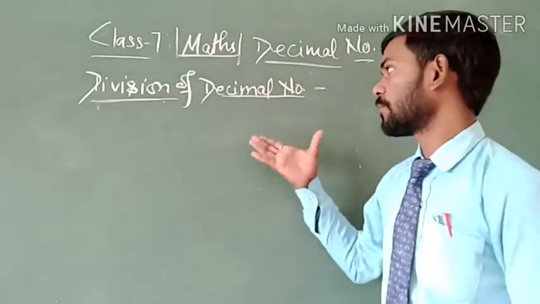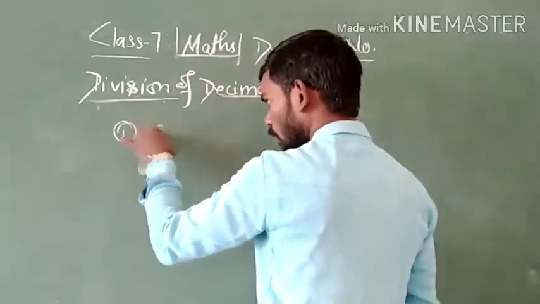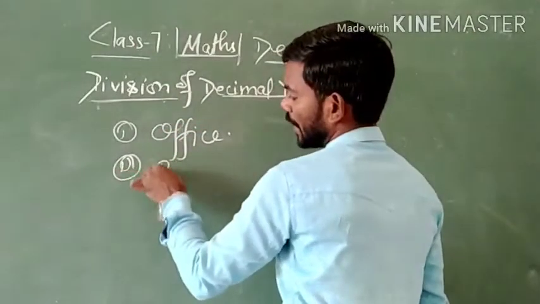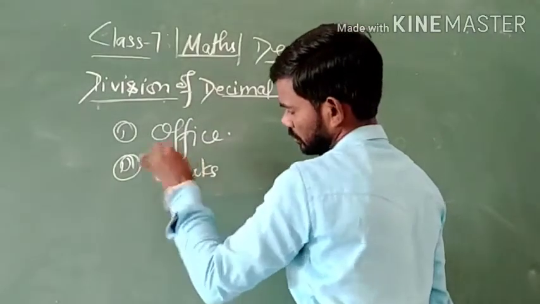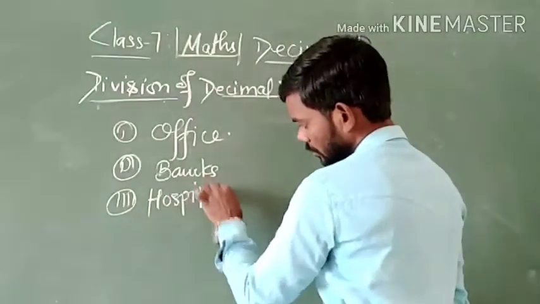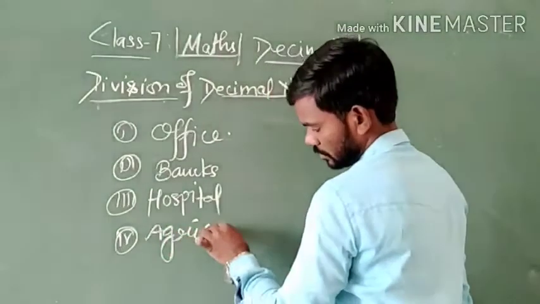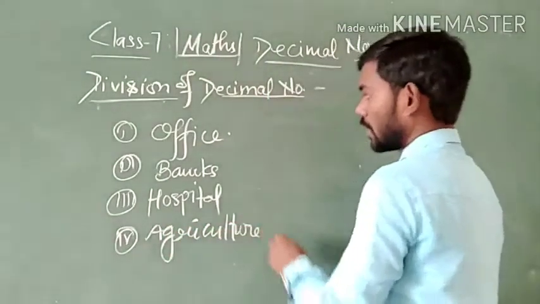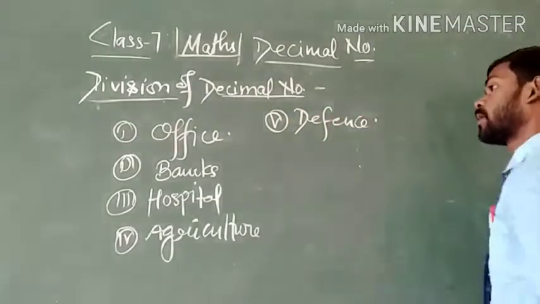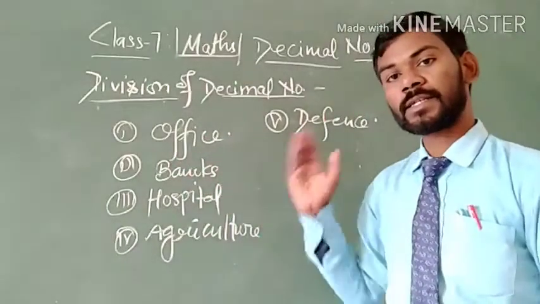The scope of division of decimal number is in office, second in banks, third in hospital, agriculture, also in defense. Division of decimal number is used in various sectors.